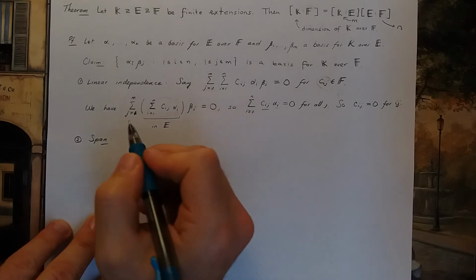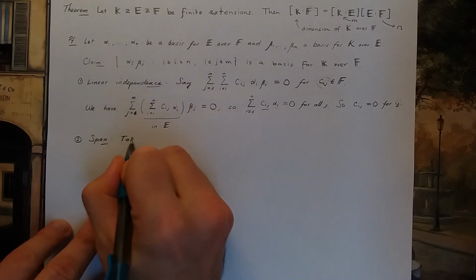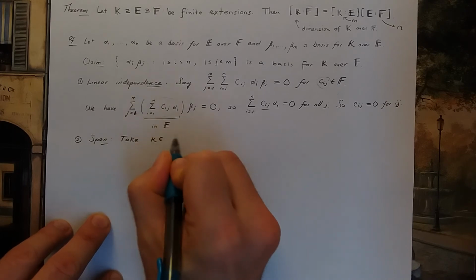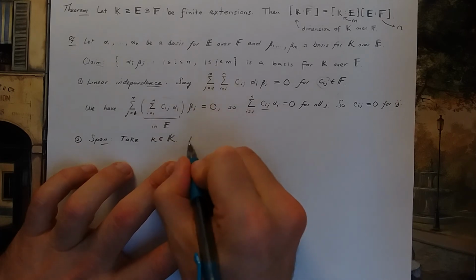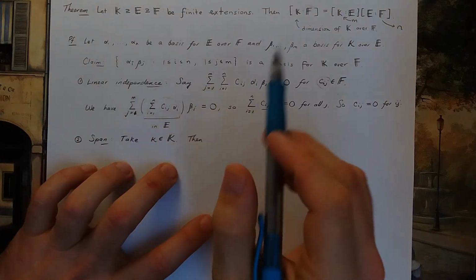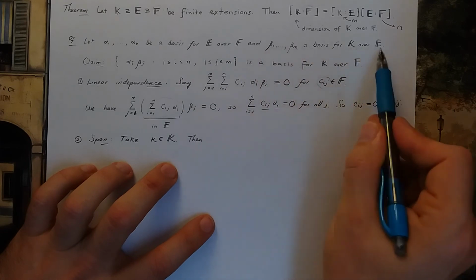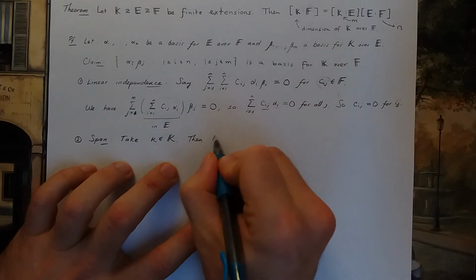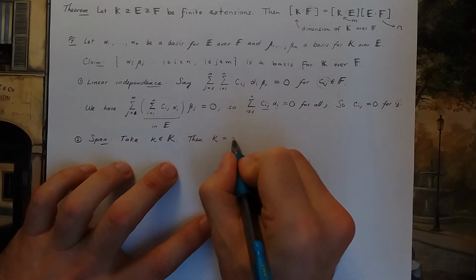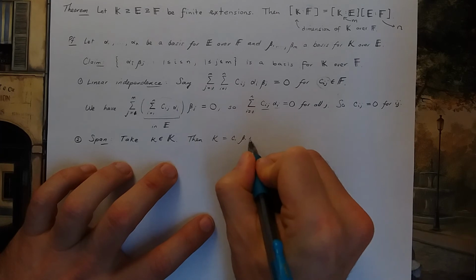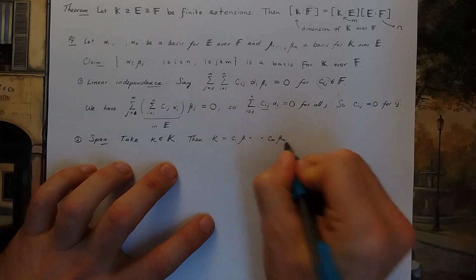Okay, let's do span. So I did linear independence, let's do span. So to do span, I'm going to take an element k in my vector space, capital K. Now, beta 1 through beta m is a basis for K over E. So I could find constants such that k is C1 beta 1 all the way up to Cm beta m.